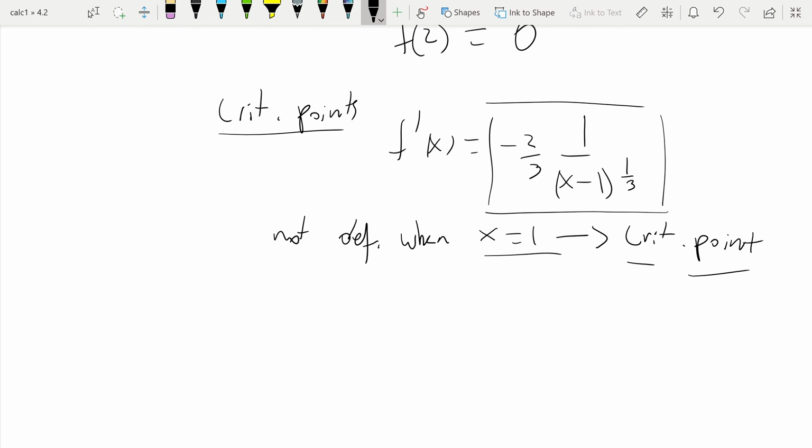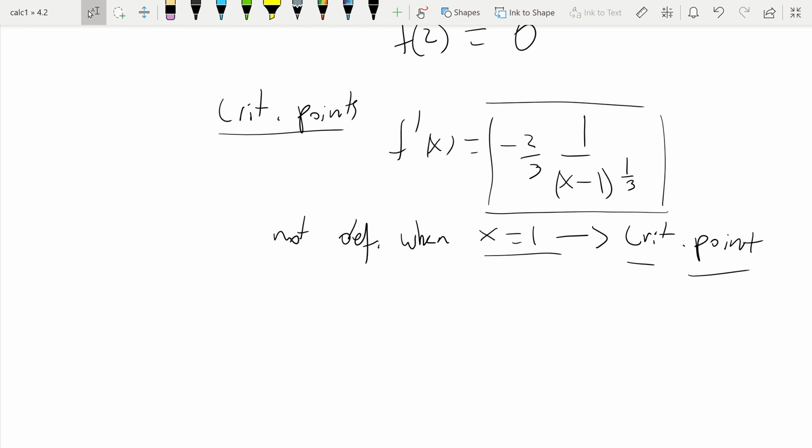The only way a fraction can be equal to 0 is if the numerator is 0. Here the numerator is minus 2/3, so that's constant, and we can never find a value of x that will make this equal to 0.